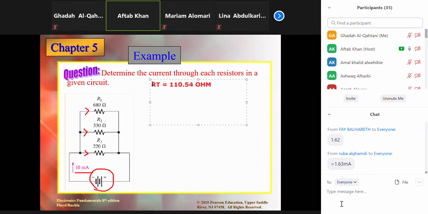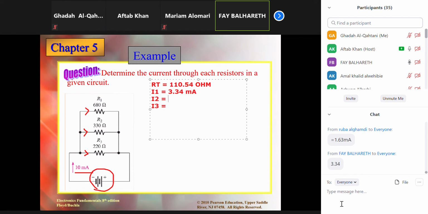So how much is I1? 1.62. 3.34 milliamps. Then I2 is equal to, and I3 is equal to, tell one by one.